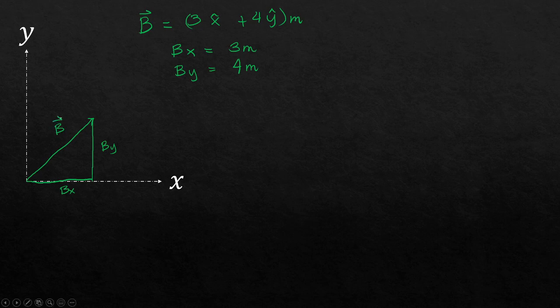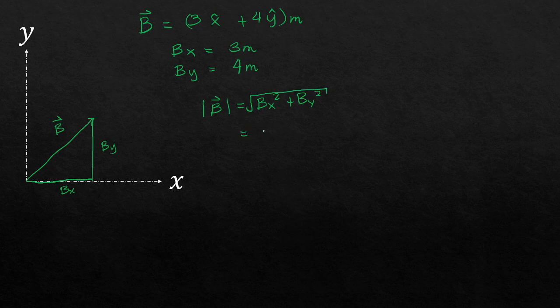Okay, so how can we express now this into the Cartesian? So to get the magnitude of B, we will use the idea from Pythagorean, that would be the square of X, the square of Y, under the square root sign.